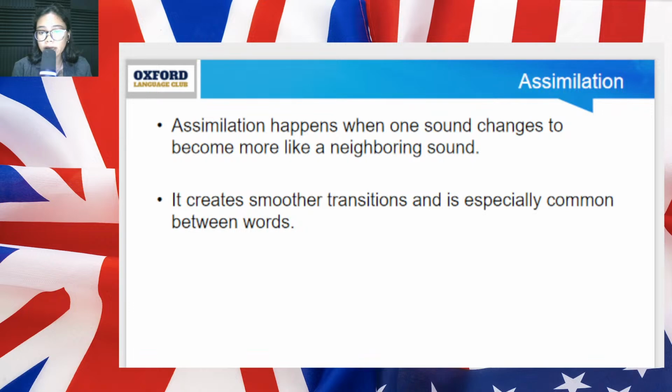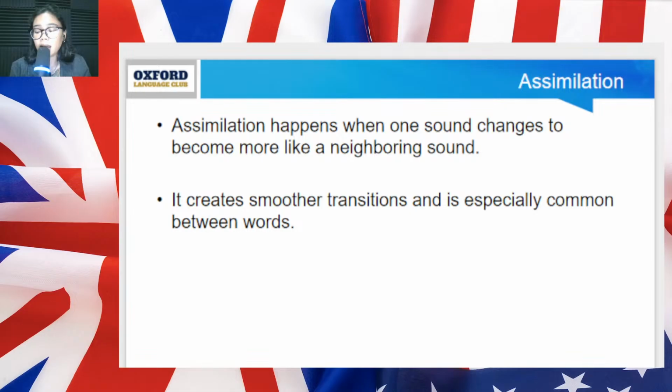Your tongue, your lips, even your jaw move in a very continuous and easy way from one sound to the next. There are no sudden bumps or hard stops, which helps to connect words together in a very smooth line.